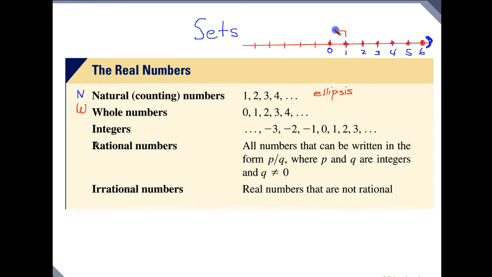So the opposite of a 1 is a negative 1. The opposite of a 2 is a negative 2. And what opposites do, when we add them together, they equal 0. So a negative 1 and a positive 1 is 0. 2 and a negative 2 is 0.